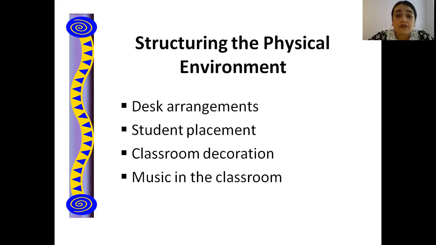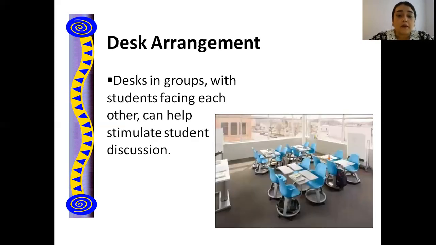There are several ways to create a physical environment in your classroom. The first one is desk arrangement. The second one, students' placement. The third one, classroom decoration. And the fourth one, music in the classroom. And in detail, we will discuss these ways of physical setting.